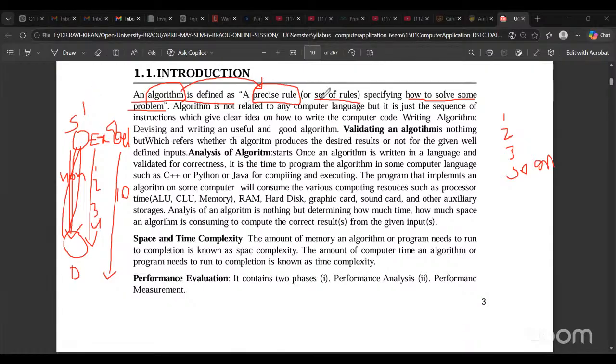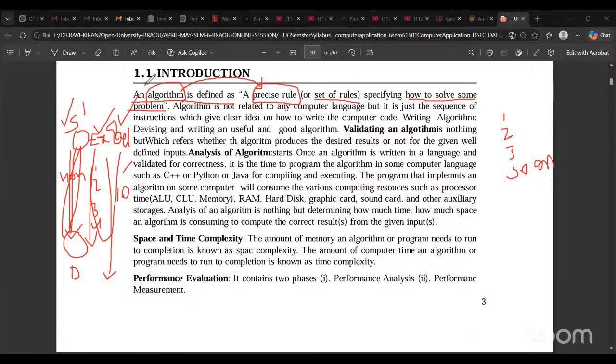Here it is one rule in case of luxury; in case of express, it is 3 or 4 rules; in case of ordinary, it is 10 rules. So the number of rules keeps increasing depending on the process.